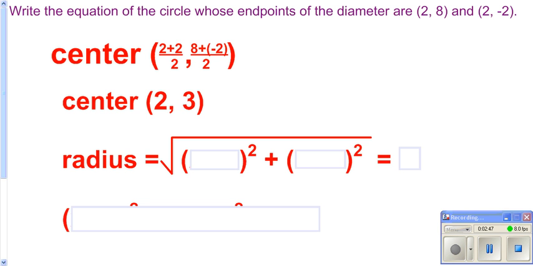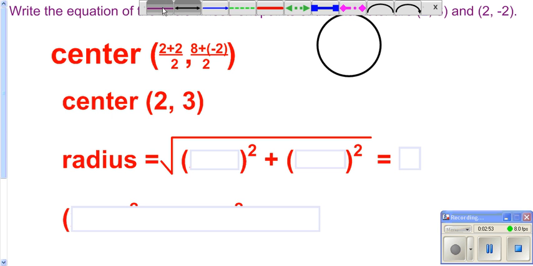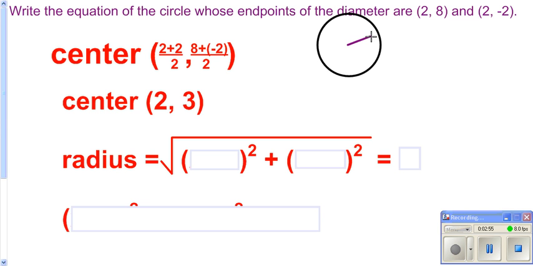Now, your radius, remember, would go from your center just out to your circle. So to find our radius here, we're going to go ahead and use our center, and then we're going to just use one of our points of the diameter, because that would go from our center out to the outside edge.